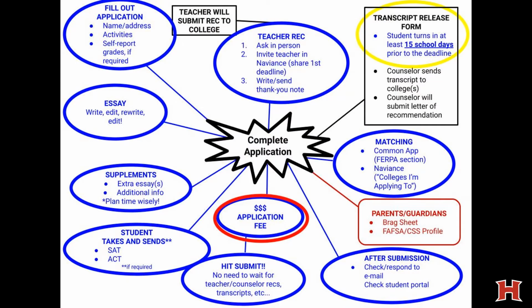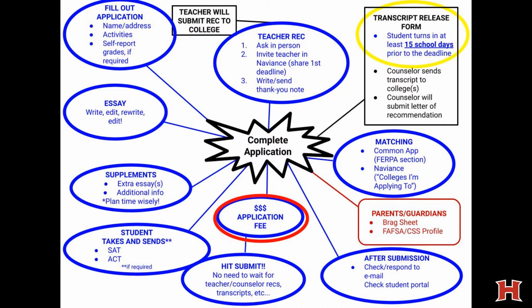Okay, this is the complete application slide. This is a general overview of what's involved in a completed application to college. I'm going to give you a moment to look over this slide. As you can see, there are several aspects involved in a complete application.